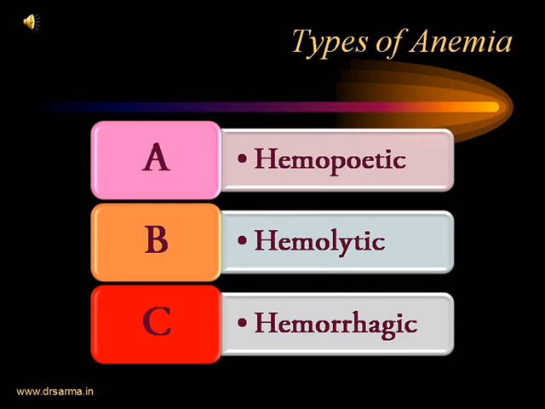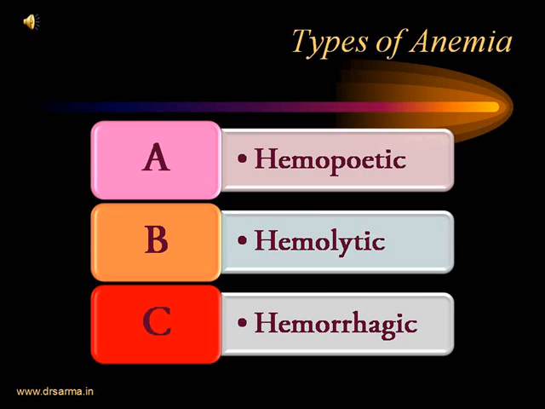Dear friends, let us remember that anemia many a time will be the manifestation of something which is serious, internally happening, like a malignancy, like a bleeding ulcer, like some other unidentified problem. In general, anemias can be classified into three types.